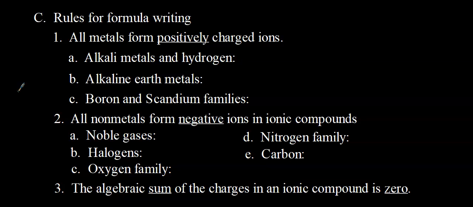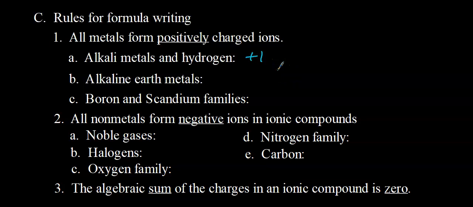When we're writing the chemical formula for an ionic compound, we need to know the charges of the ions in that compound. First of all, metals, as you recall, form positively charged ions or cations. The alkali metals, those in group 1, along with hydrogen, all form an ion with a +1 charge.